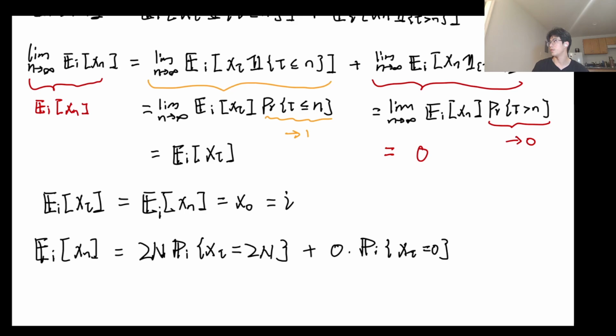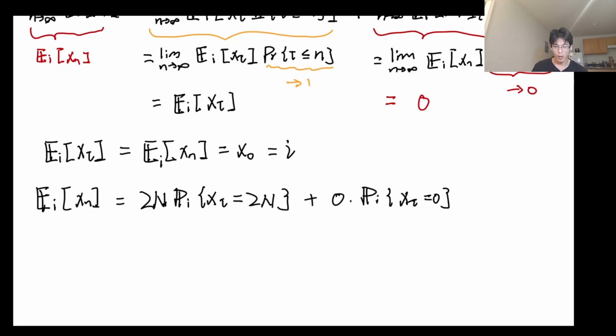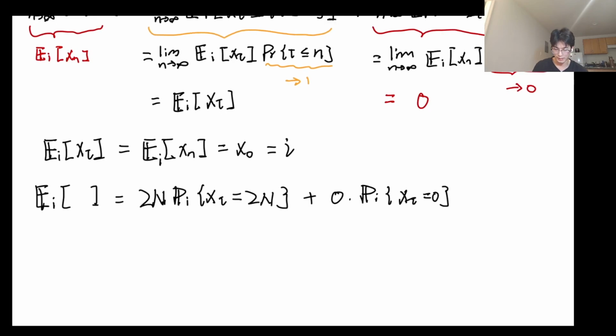This is by definition of expectation, right? This is how you compute it. We know this is 0, and this becomes 2n times the probability x tau equals 2n.